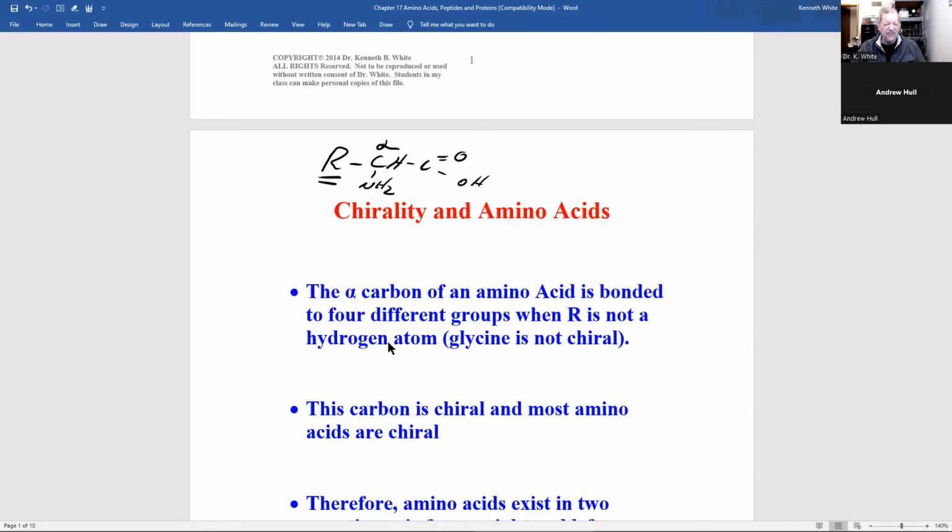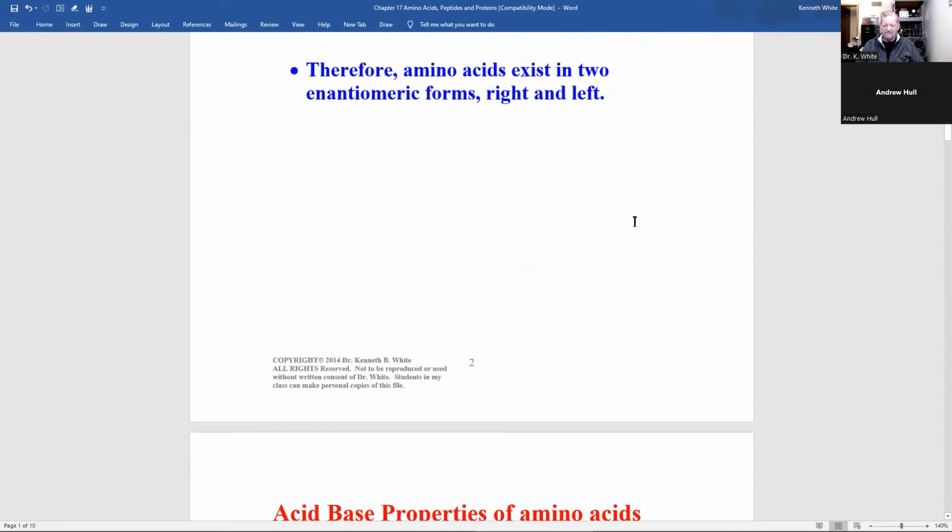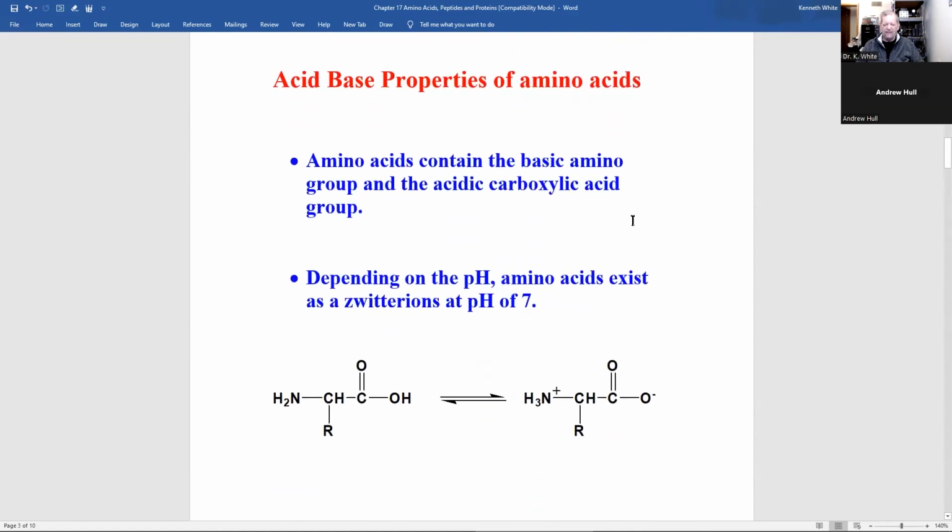When R is anything but hydrogen, the alpha carbon is chiral. And that means you can have enantiomeric pairs of amino acids, many of them. Now, click switches in the off position.